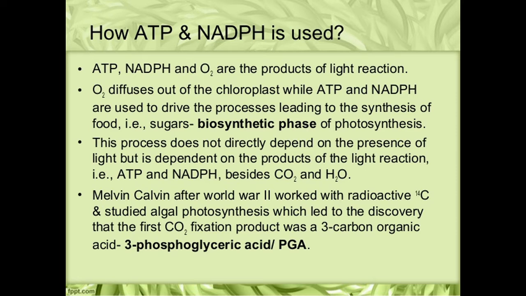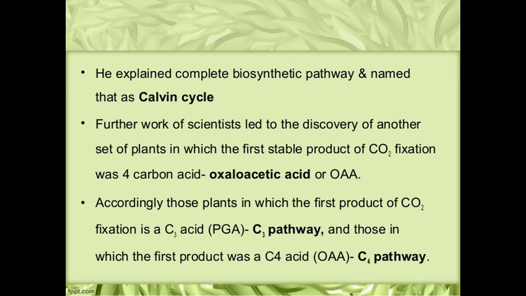It was observed that when radioactive carbon dioxide was supplied in the dark reaction, PGA increased, but there was a decrease in the concentration of RuBP, that is ribulose bisphosphate. This shows that ribulose bisphosphate is the carbon dioxide acceptor during the formation of phosphoglyceric acid.